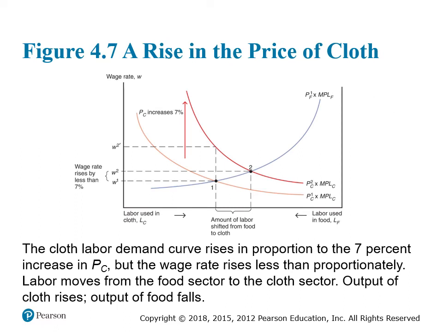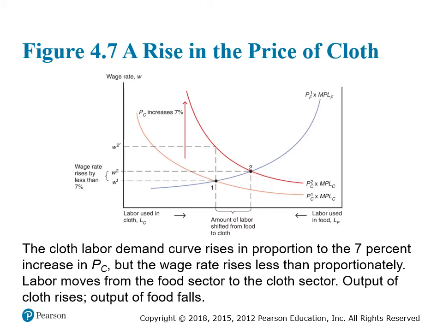So here you can see what happens when the price of cloth increases by 7%. This orange line represents the price of cloth which has increased by 7%, so from here to here, and this dark orange is the second line.